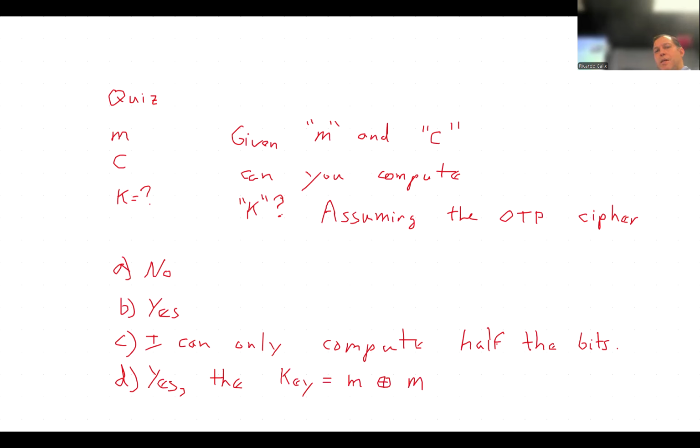So given M and C, can you compute K, assuming the OTP cipher? And you have 4 choices. A is no, B is yes, C, I can only compute half the bits, and D, yes, the key is equal to M XOR M.